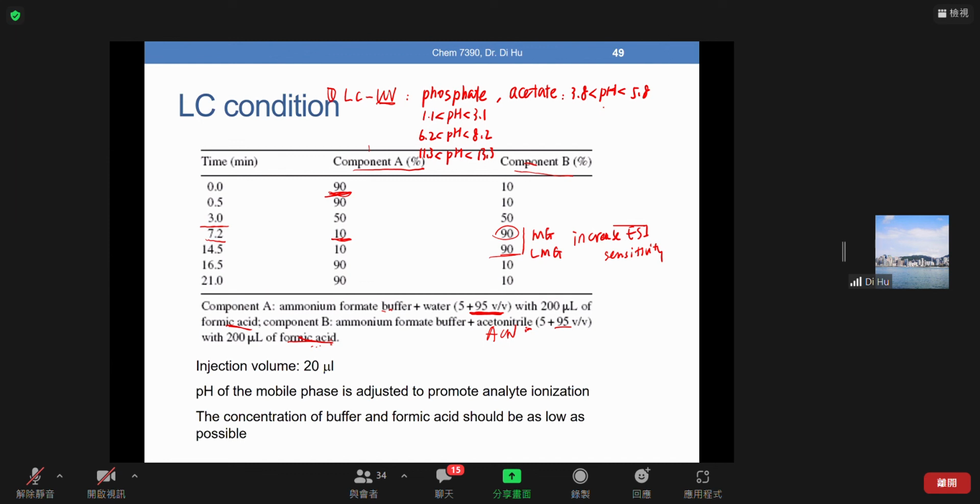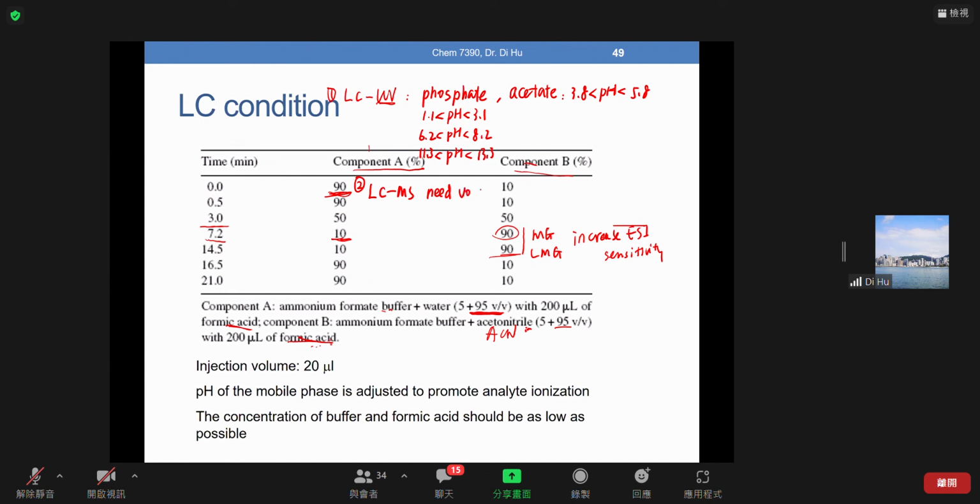But however, if you're using LC-MS, then the buffer needs to be volatile.